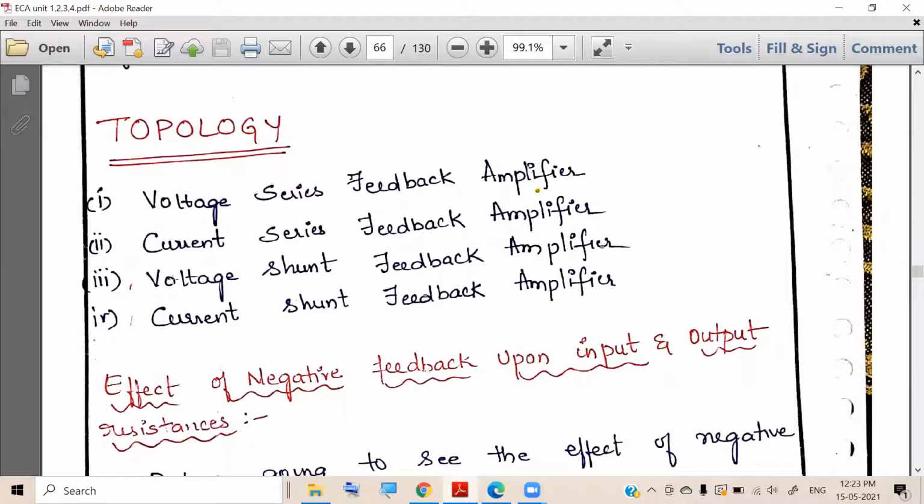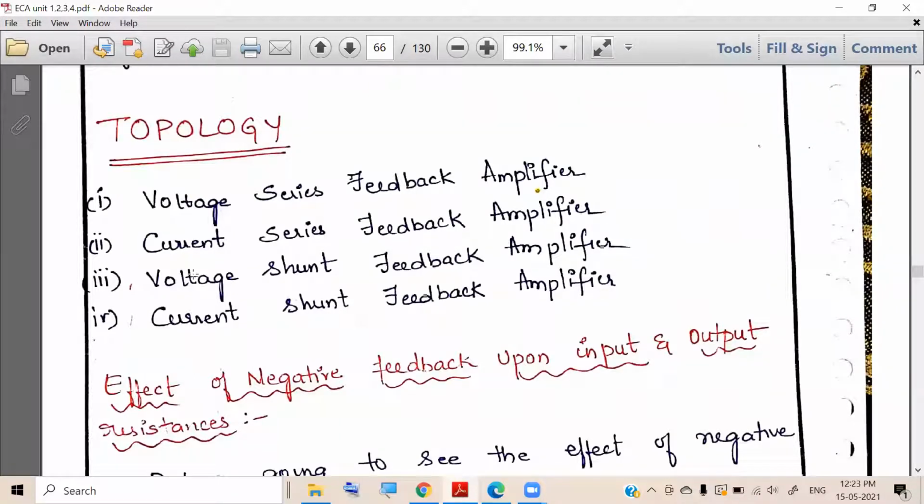Now, in order to discuss voltage shunt feedback amplifier, first, based on our understanding that we have discussed, series connection will increase impedance or resistance, and shunt connection will reduce the resistance. 1 kilo ohm in series with 1 kilo ohm becomes 2 kilo ohm, whereas 1 kilo ohm in parallel with 1 kilo ohm becomes half kilo ohm.